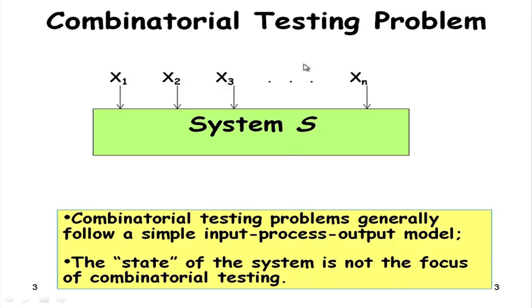To formally state the combinatorial testing problem, we have n inputs and each input can take some number of valid values; some can take 3, some can take 2, some can take 5 possible values and so on, and we assume that the system does not have state.